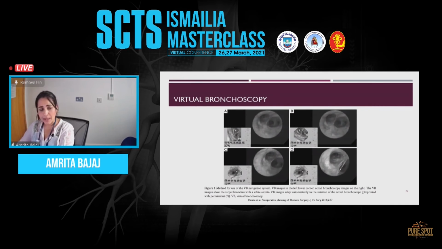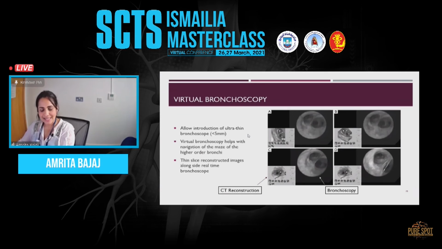Virtual bronchoscopy is something for the future. We don't quite use it here. The idea is that you do a volumetric acquisition of the whole thorax, get a virtual bronchoscopic appearance, and that would assist real-time bronchoscopy using an ultra-thin bronchoscope.